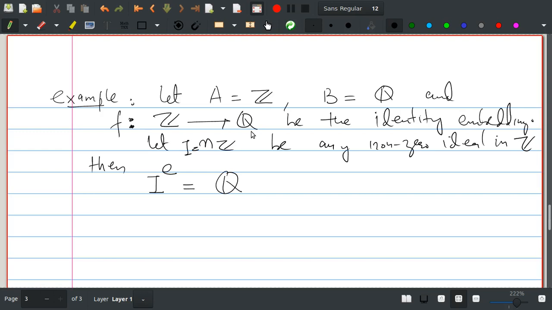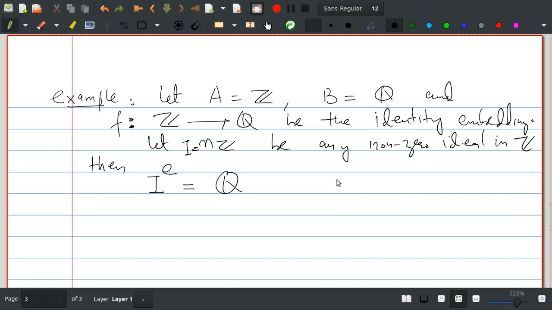Now there is this question. One should see here that the contraction always preserves the primeness of an ideal, however the extension does not preserve the primeness.